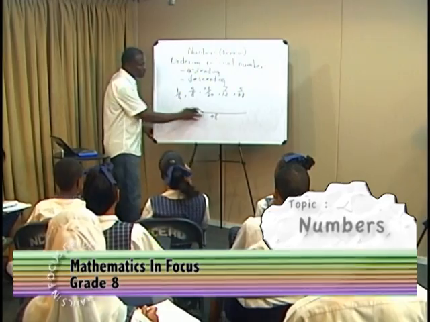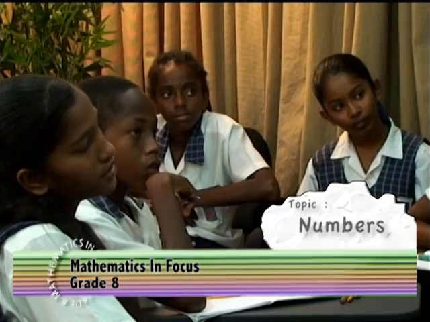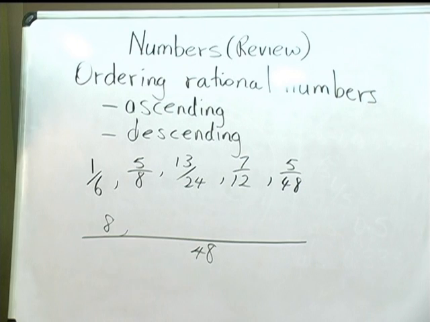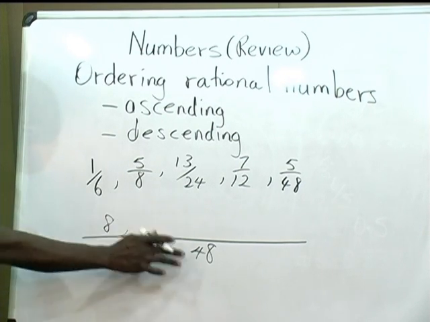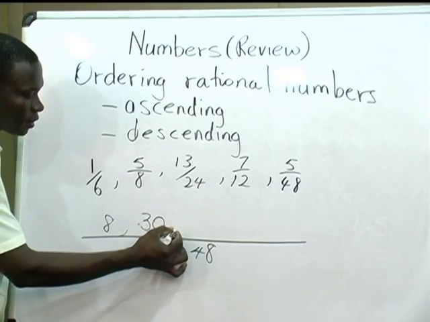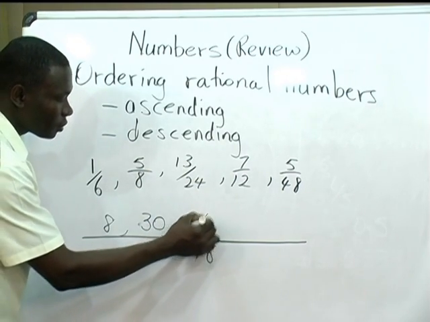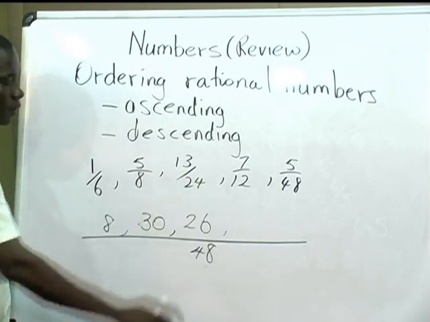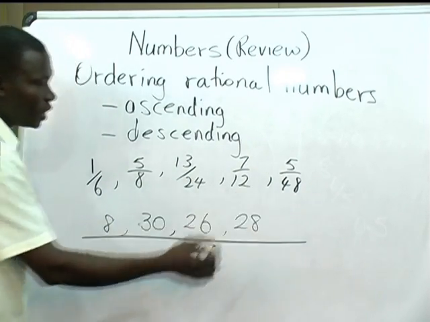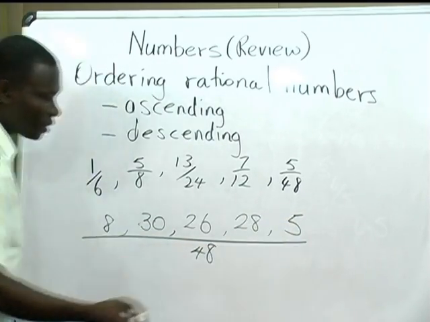So we go 6 into 48, 8, and 1 by 5 is 5. 8 into 48, 6, 6 fives, 30, correct. 24 into 48, 2, 13 twos, 26. 12 into 48, 4, 4 sevens, 28. 48 into 48, and 1 by 5 is 5.